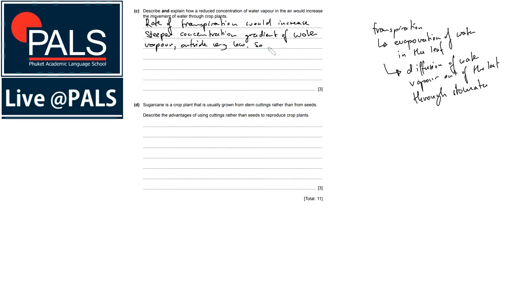So the rate of diffusion of water vapor out of the leaf through stomata increases.